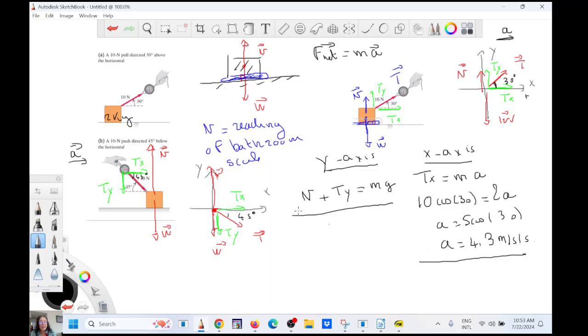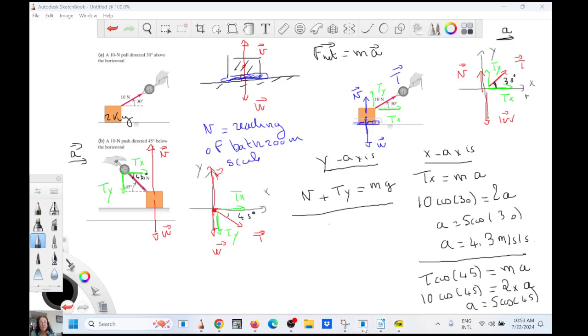For B, along the x-axis, now I have T cosine 45 equals mass times acceleration. So 10 cosine 45 equals 2 times acceleration. So the acceleration is 5 cosine 45.